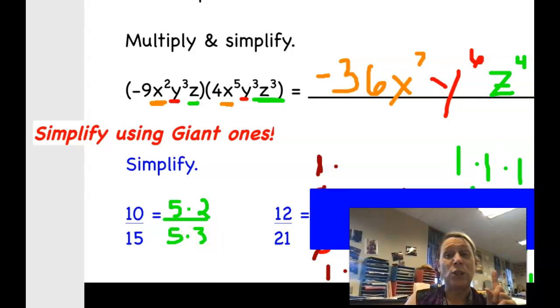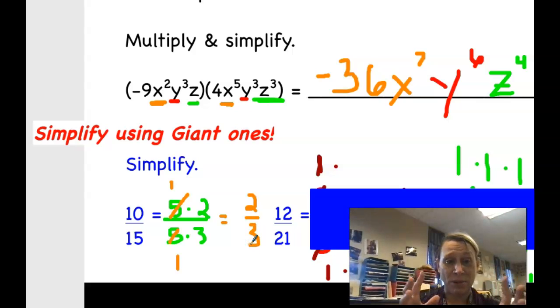And this is the heart of division of monomials: here we are going to divide the 5 and the 5 to make 1. We cannot divide the 2 and the 3. And when we simplify 10 divided by 15, we get 2/3.